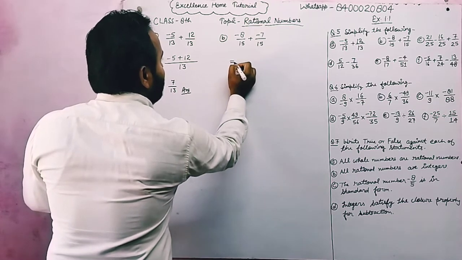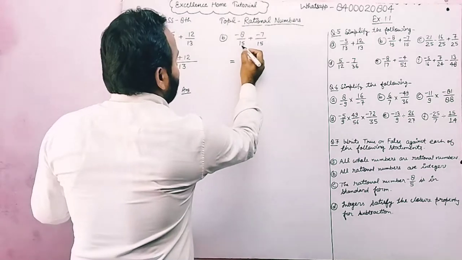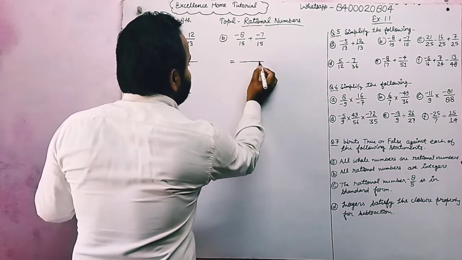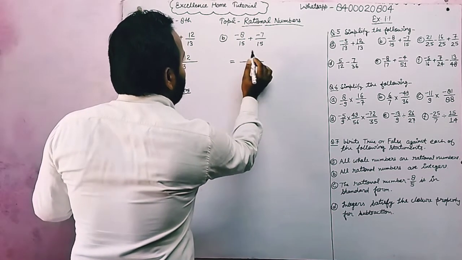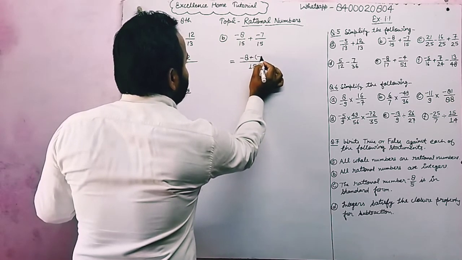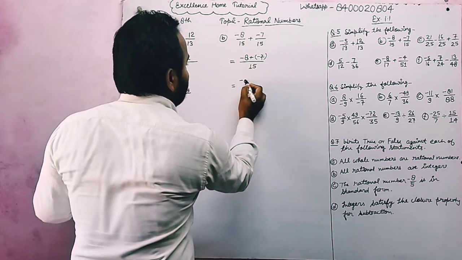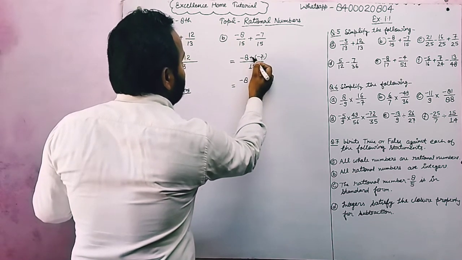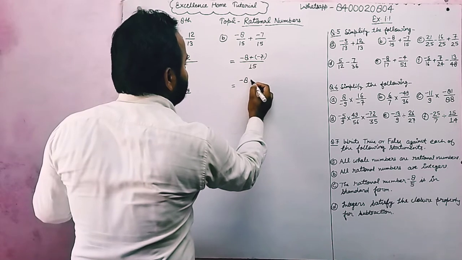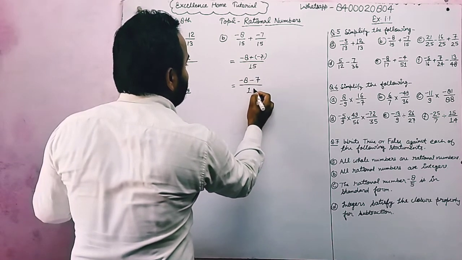In this, as in similar questions, both denominators are the same, so the LCM is 15, and we have minus 8 and plus minus 7. This is written as minus 8, and since plus and minus multiplied give a minus sign, minus 7 upon 15.